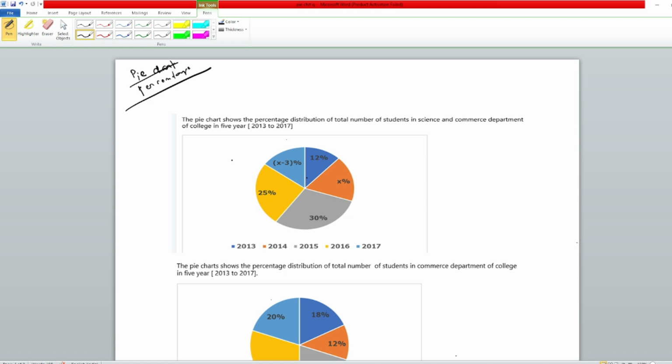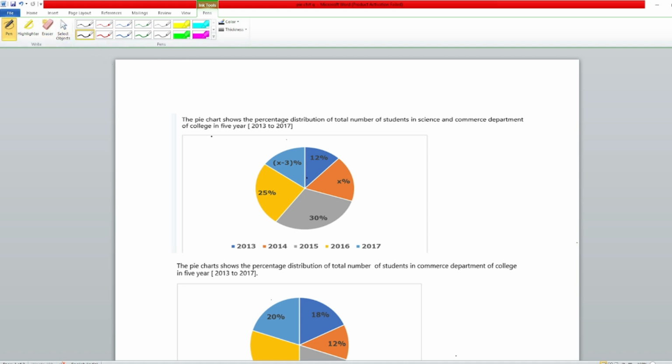If you don't have the basic knowledge about the pie chart and percentage, then comment below, and I will try to discuss in another video the basics of pie chart and the basics of percentage. Today I am assuming that you already have knowledge about pie chart. So let's dive into the question.